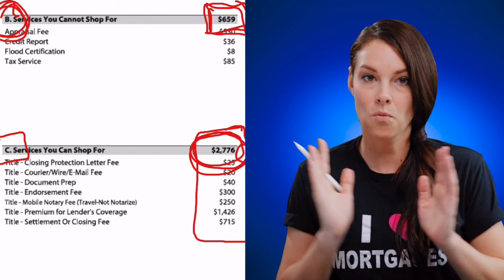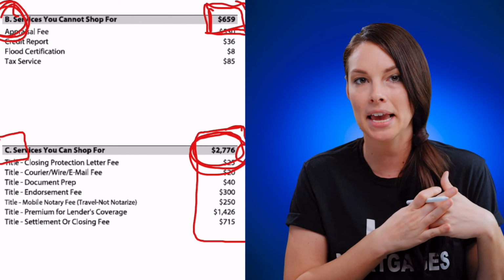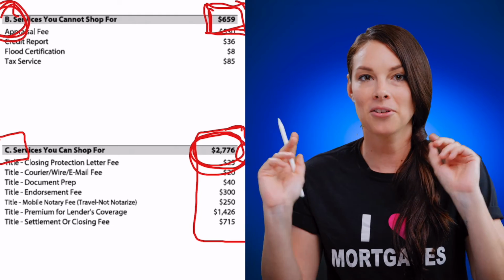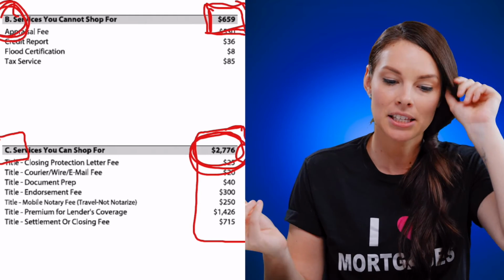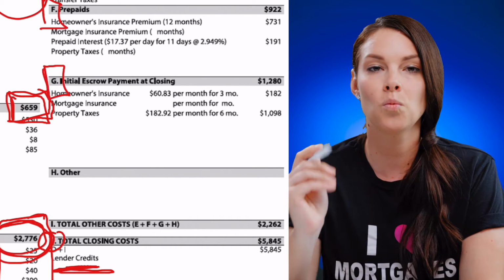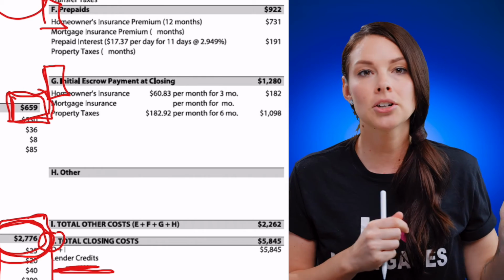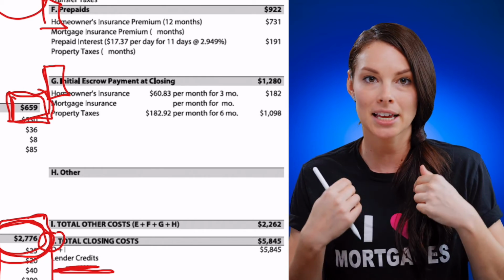And one thing to keep in mind. So I already told you that title costs, if you're a purchase, it's going to be the same across all lenders. Now this is where things get tricky, if you look at Section F and Section G. We hear all the time people coming, especially for refinances, saying, well, this lender's numbers are so much less than yours.